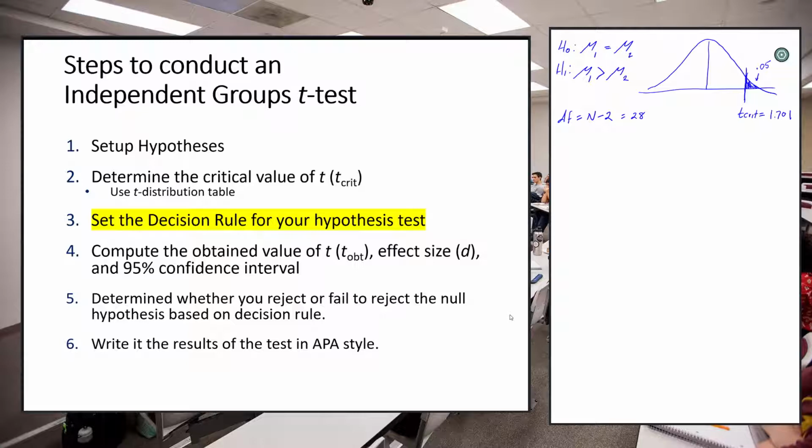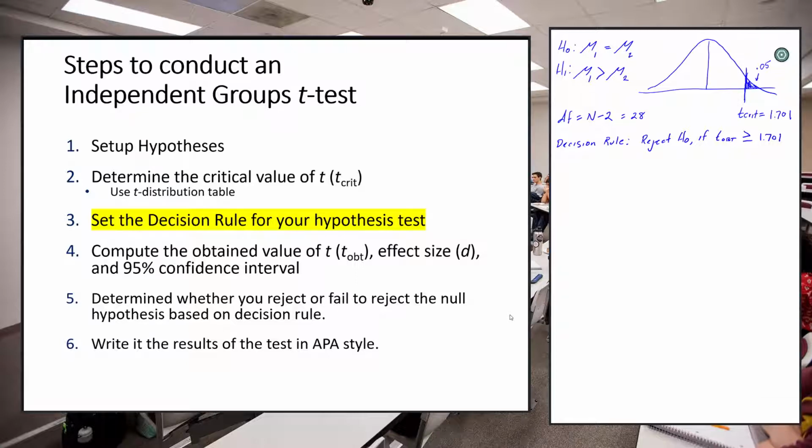So our decision rule is going to be reject the null if t obtained is greater than or equal to 1.701.